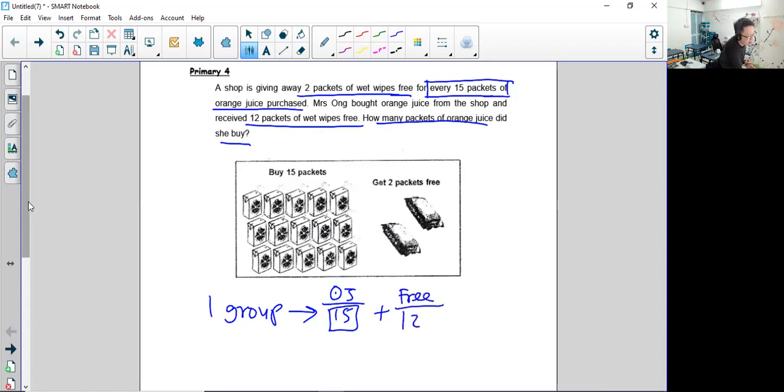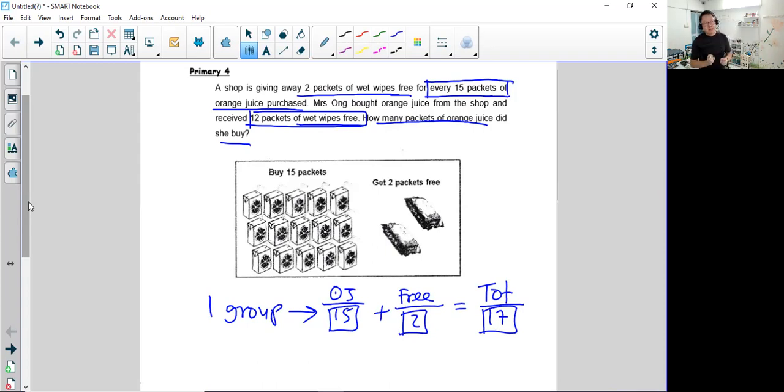And there's a total. Usually when you make one group, there's a total number of items in the one group. They are all together 17, right? 17 items in one group. Now your job is to find how many groups there are if she received 12 packets of wet wipes free. So this is the whole idea of the grouping method.